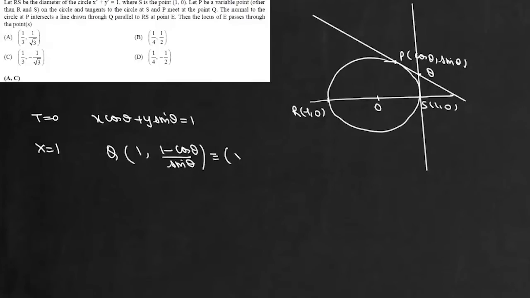So we can also write this as (1, tan theta by 2).